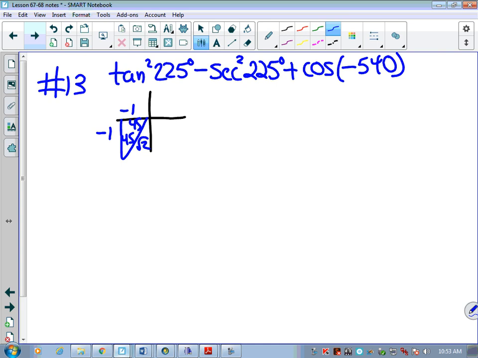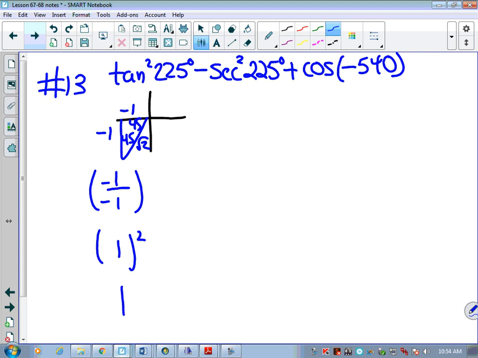All right, tangent. Tangent's opposite over adjacent. Because it's -1 over -1, we get 1, right? In fact, I'll just show all the steps because people have a tendency to not know. That's giving me +1 squared, which is 1, right?